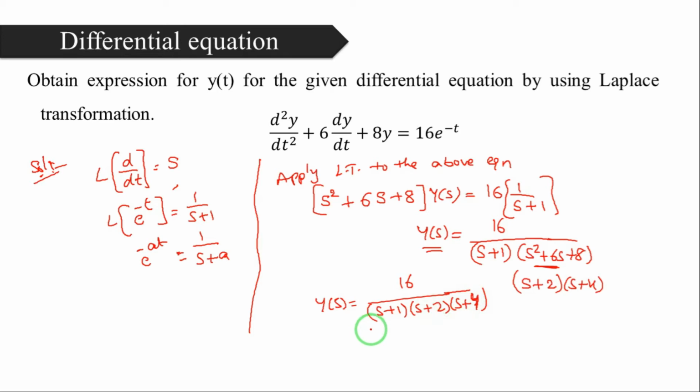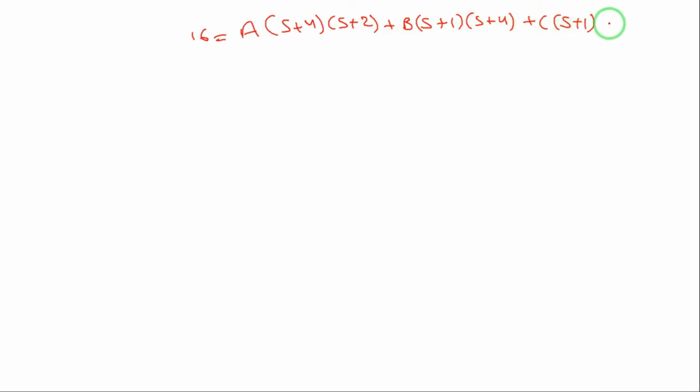Now we take the partial fractions: a by s plus 1 plus b by s plus 2 plus c by s plus 4. Got it? Now 16 is equal to a into s plus 4 into s plus 2, plus b into s plus 1 into s plus 4, plus c into s plus 1 into s plus 2.